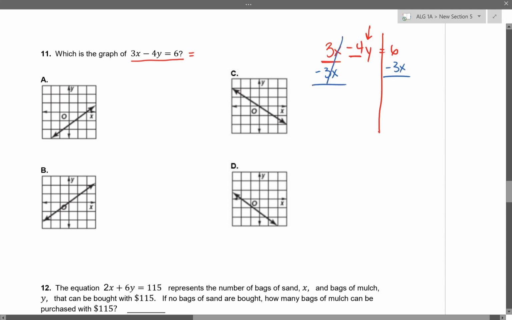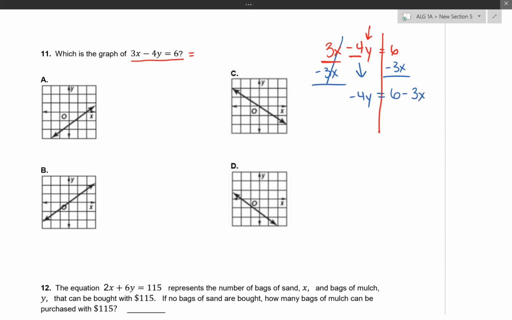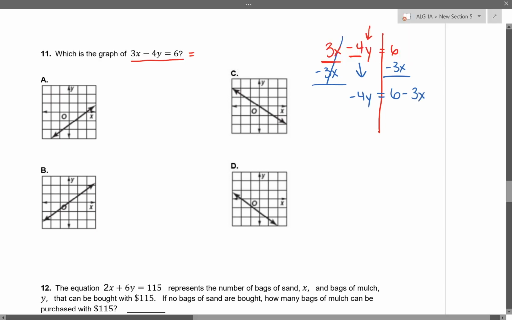I can cross those 3x's out and I drop down my negative 4y. 6 and negative 3x, are they like terms? No. So I need to keep it 6 minus 3x. Last but not least, I divide everything by negative 4. Those 4's will cross out.